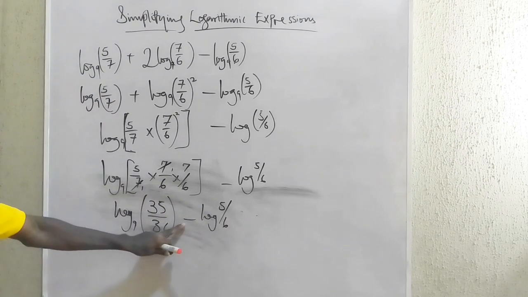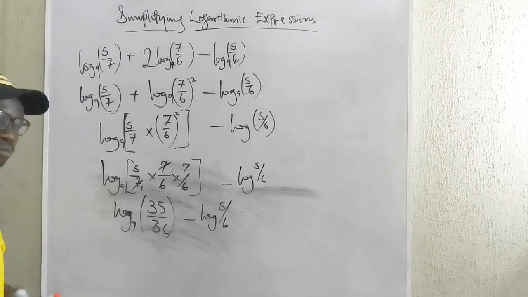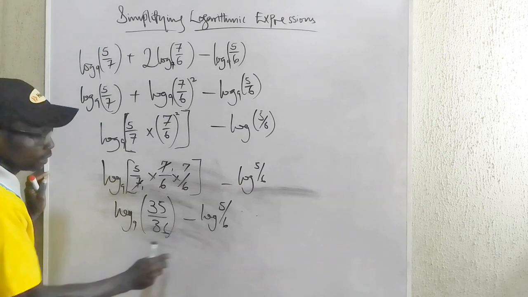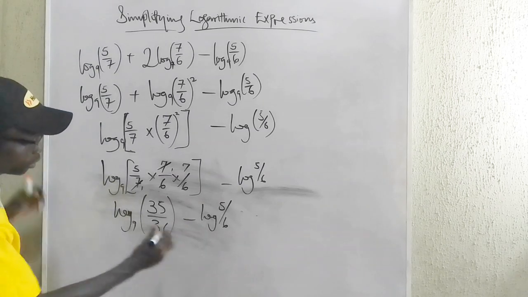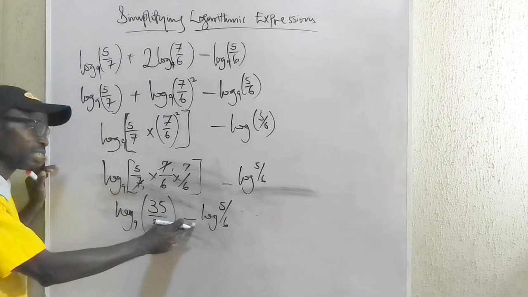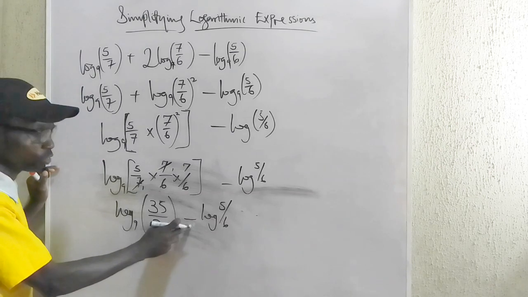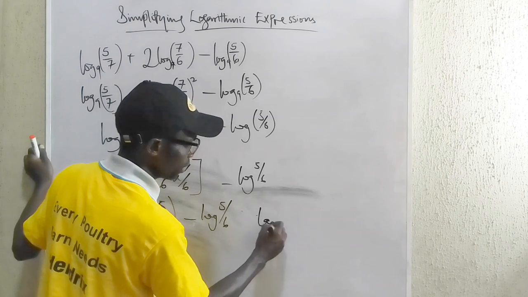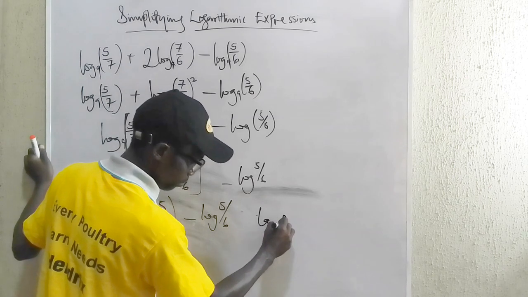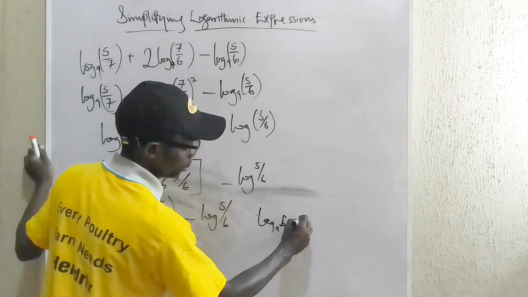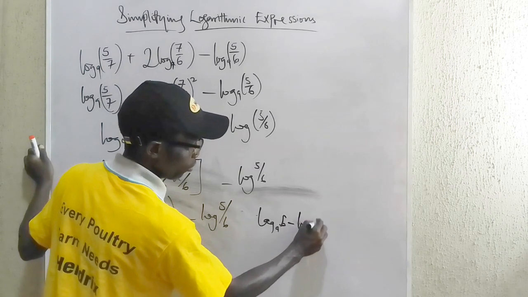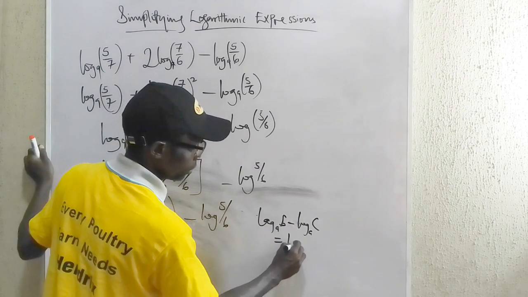Now, we have a minus sign. The quotient rule states that by the time we bring the two logs together, this is going to become a division sign and no longer a subtraction sign like we have in the other one, where we had log a b plus log a c.